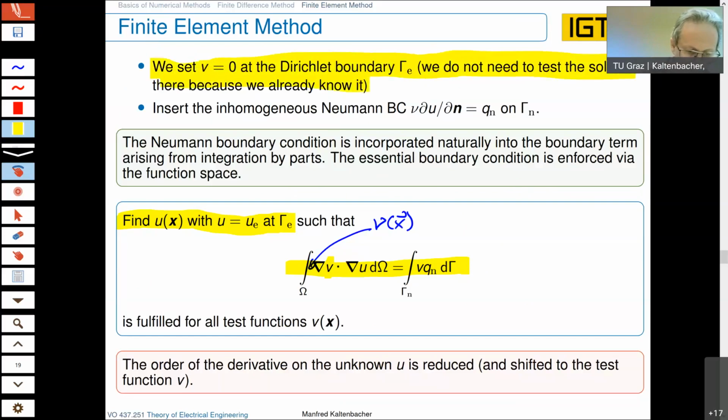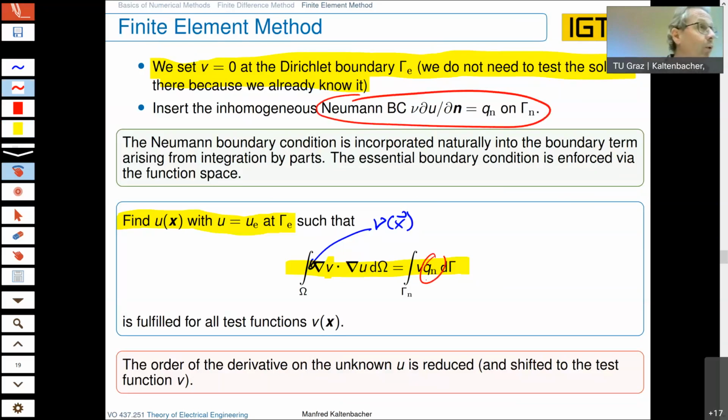So V equal to 0. We already know the solution by putting the test function. The test function is some help function for us. We are not interested in the test function, but it helps us in this sense, as we have seen, due to the integration by parts, which means the application of the divergence theorem, that we were able to incorporate this Neumann boundary condition, which we have here.